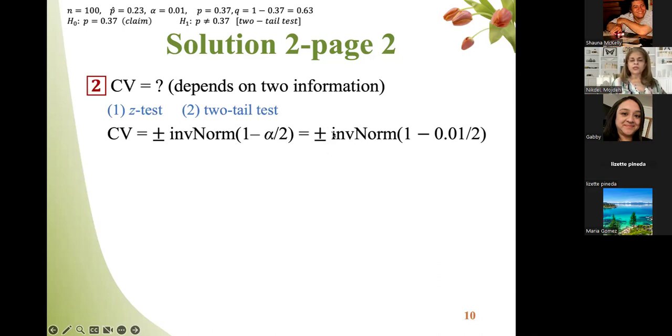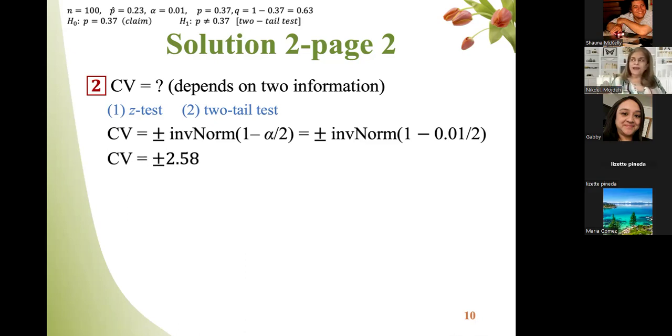When you're entering this in your calculator, do not enter plus or minus, just enter inverse norm of 1 minus 0.01 divided by 2. Whatever number you end up with, ignore its sign, then copy the number, then attach plus or minus. Okay, so your critical value is positive and negative 2.58. Since we have a two-tail test, we need two critical values.